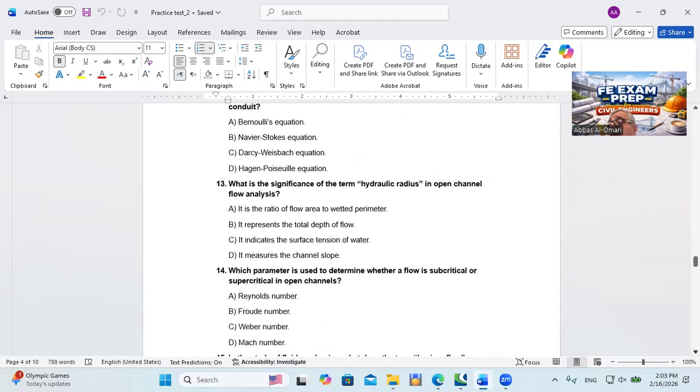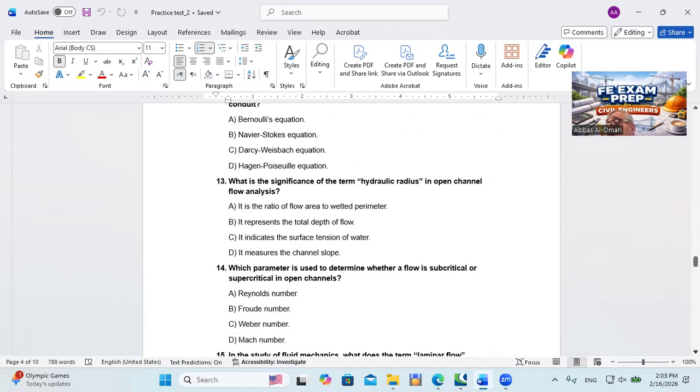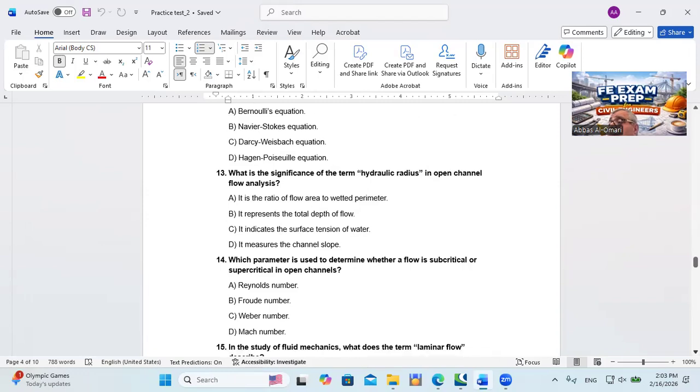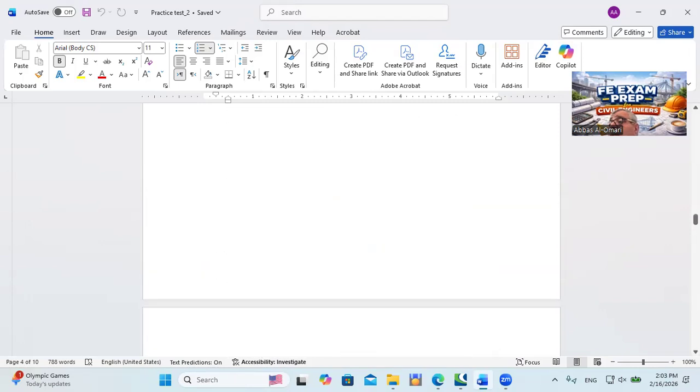The next question, which is the significance of the term hydraulic radius in open channel? Now, we saw in Manning's equation there is a term hydraulic radius.